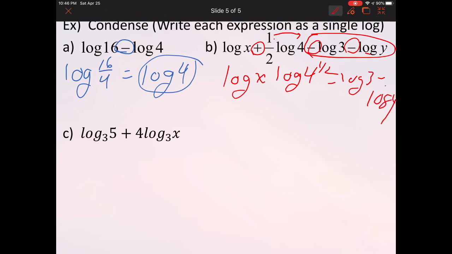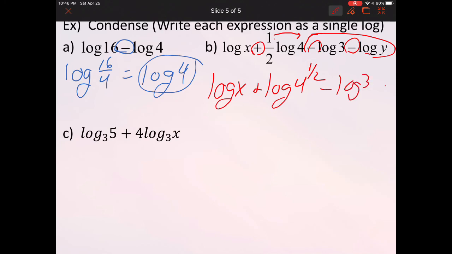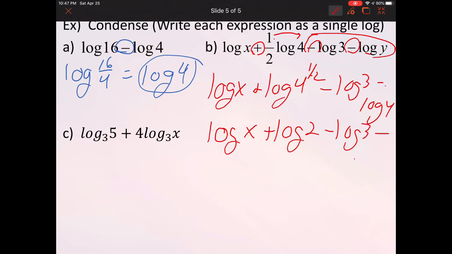If we're adding to this one and subtracting these two, those will go on the division bottom. Now, log 4 to the 1/2 is going to have to be rewritten as the square root of 4, and you should know what that is. So log of x plus log of 2 minus log of 3 minus log of y.